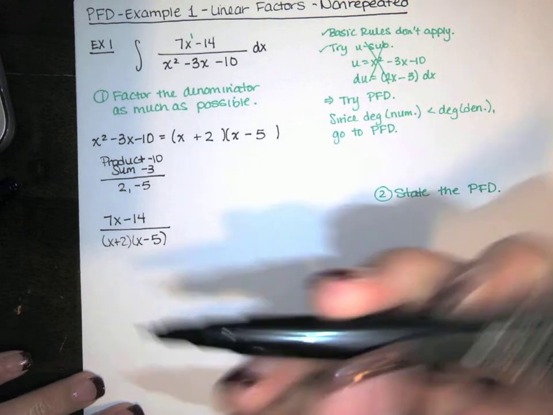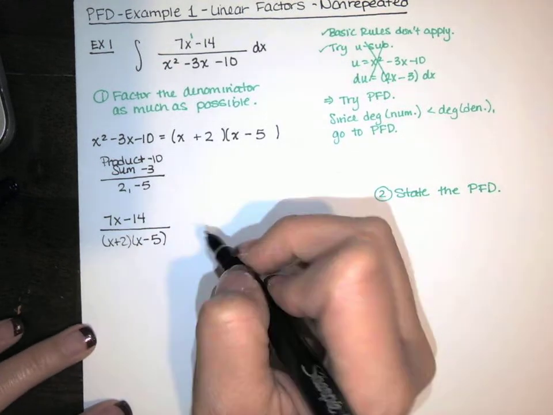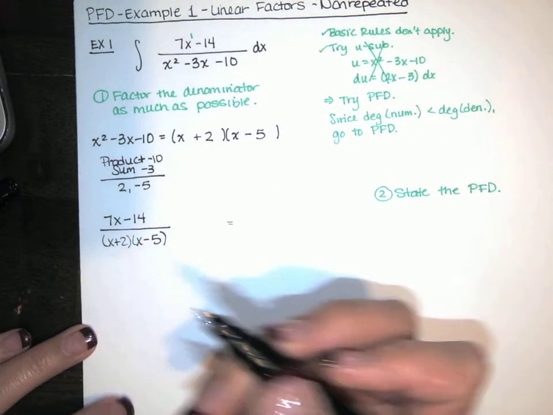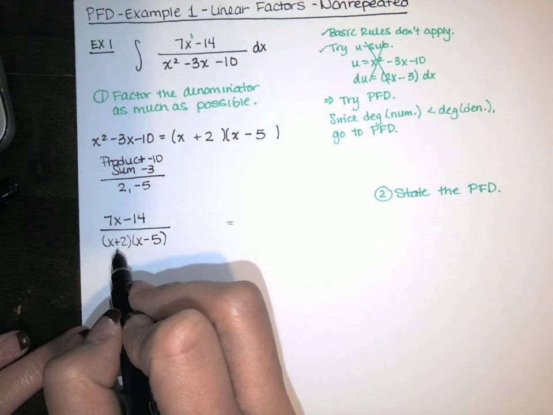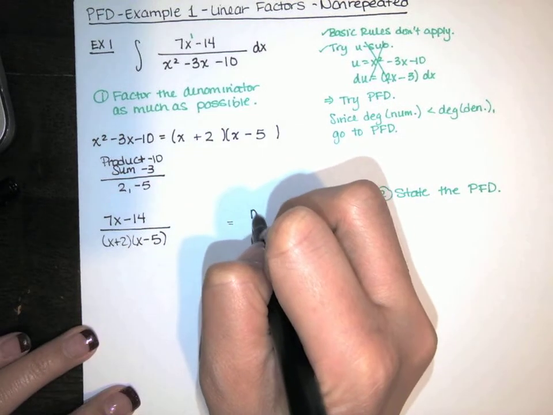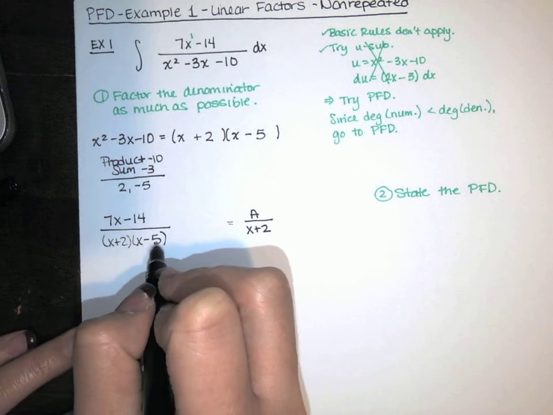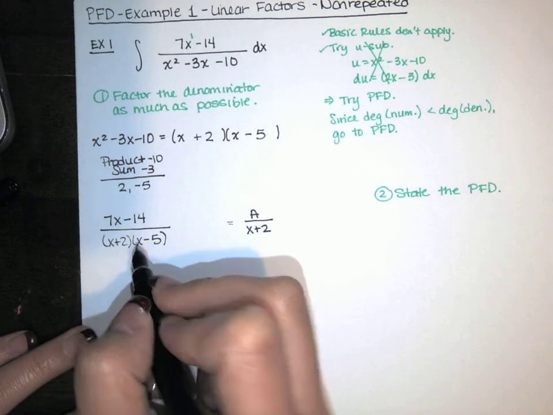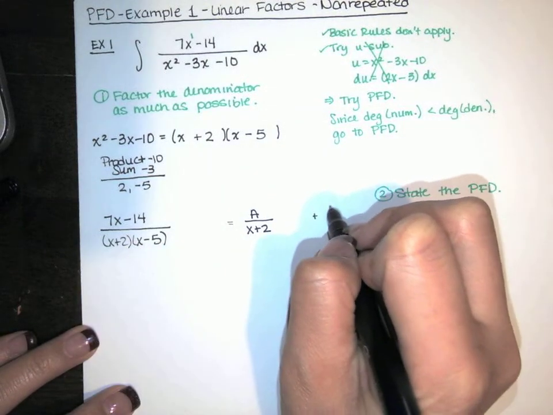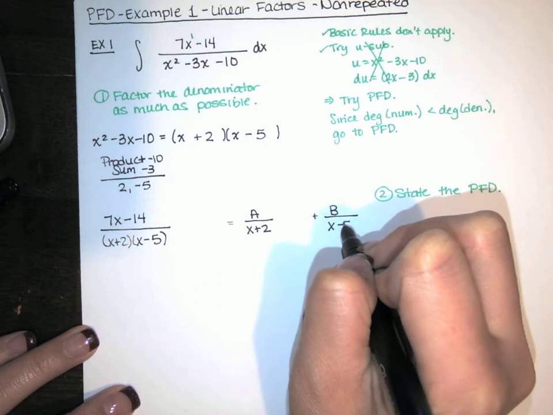And I'm going to leave a lot of space because I'm going to multiply this equation by something in just a minute. So first I notice I've got a linear factor, it's not repeated, so I get a constant over that factor in my decomposition. And then I've got another linear factor. It's not repeated. So I get a constant over that factor in my decomposition.